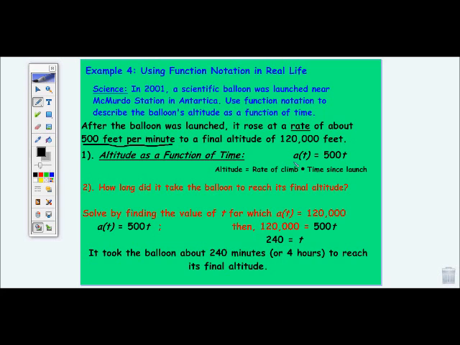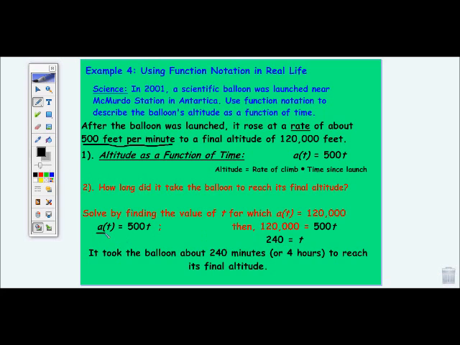We also learned then that the altitude, or the function of time, is going to be 500 t. We're using a little bit different variables here. Now, how long did it take the balloon to reach its final altitude? We know that its final altitude is going to be 120,000 feet.